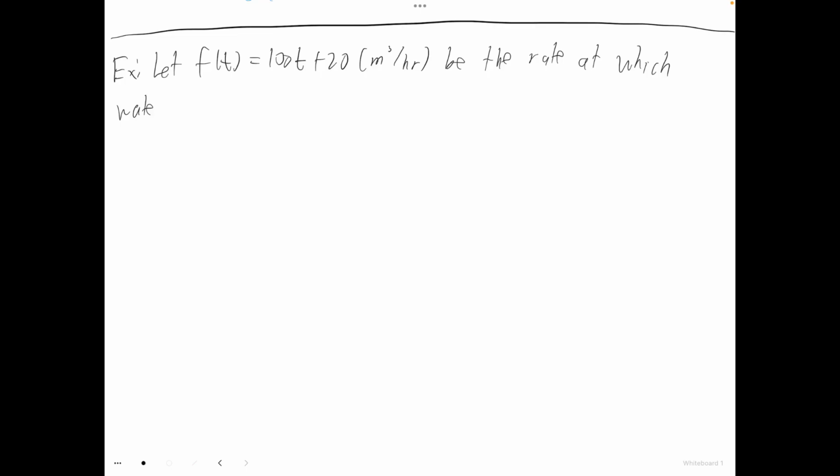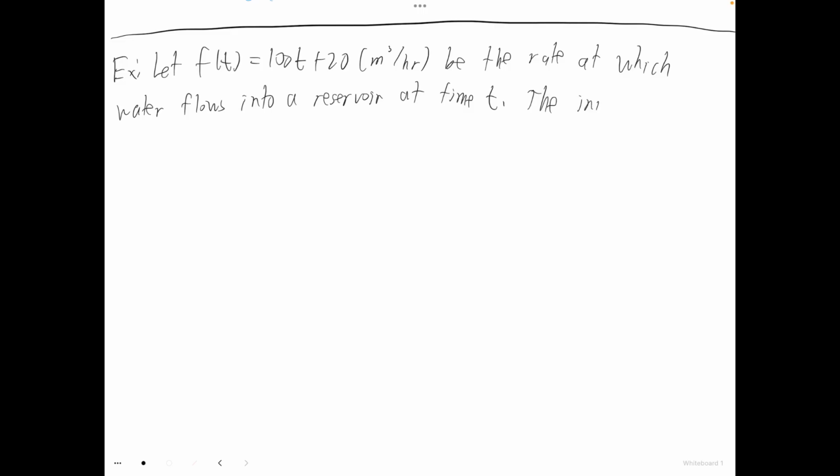So first, we're going to look at the following example. We're going to let f of t, which equals 100t plus 20 meters cubed per hour, be the rate at which water flows into a reservoir at time t.